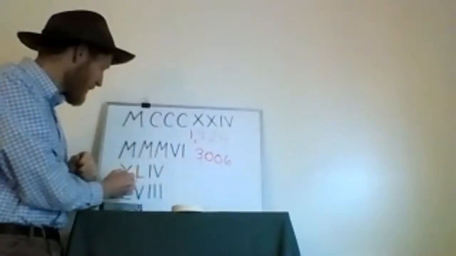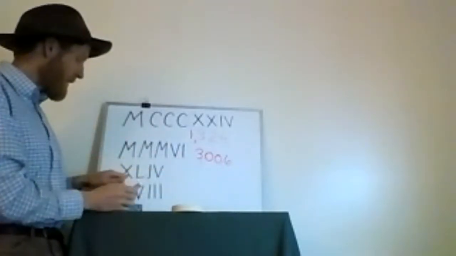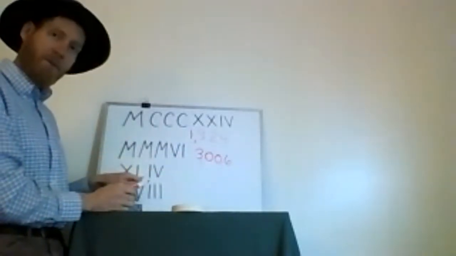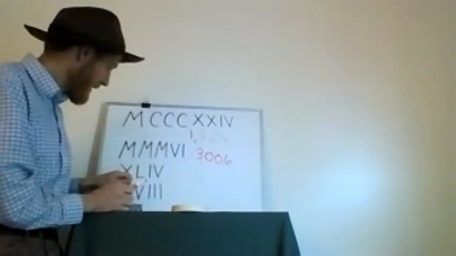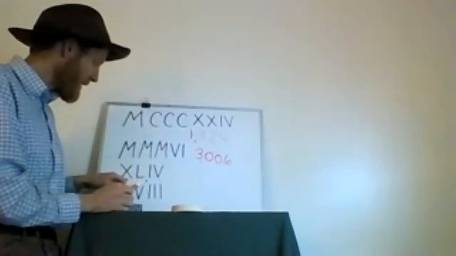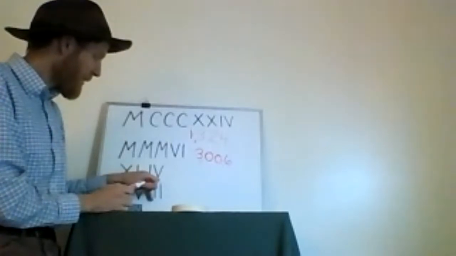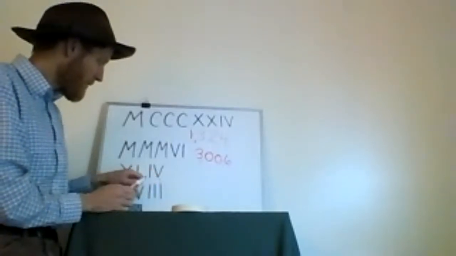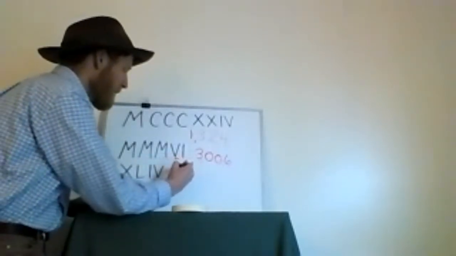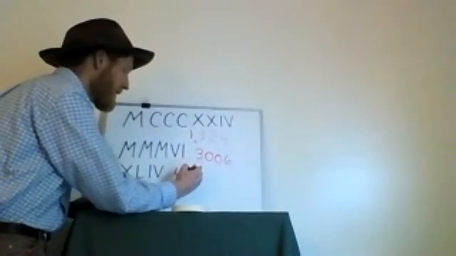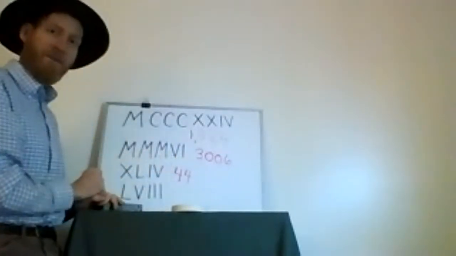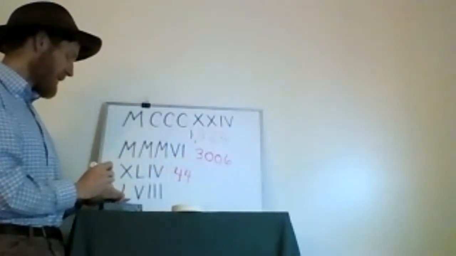All right, so then we're going to go to this one. We have that's 10 and that's 50, right? So we have to subtract 10 from 50, which would give us 40. Subtract 1 from 5, 4. So 40, what? Yes, 44. How about this one?